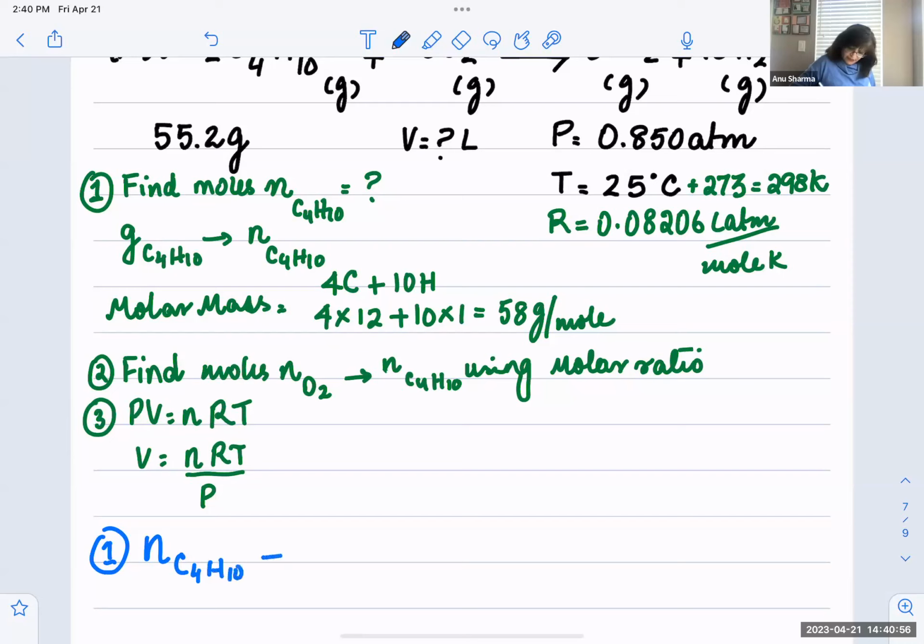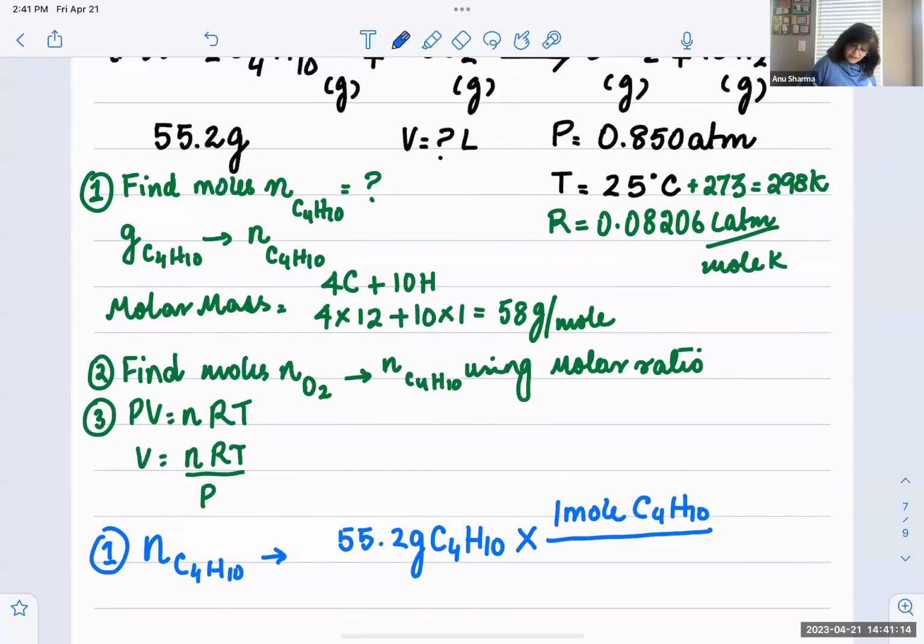So moles of butane is, you are given 55.2 grams of C4H10, right? And then what do you do? You times 1 mole of C4H10 over the molar mass of C4H10, which is 58 grams of C4H10.